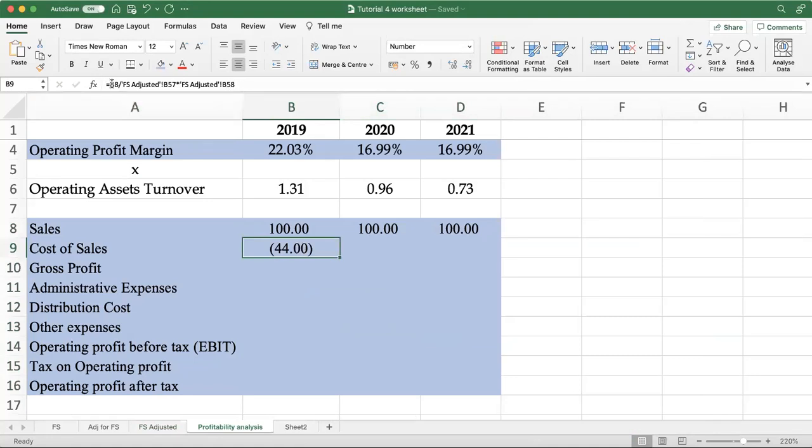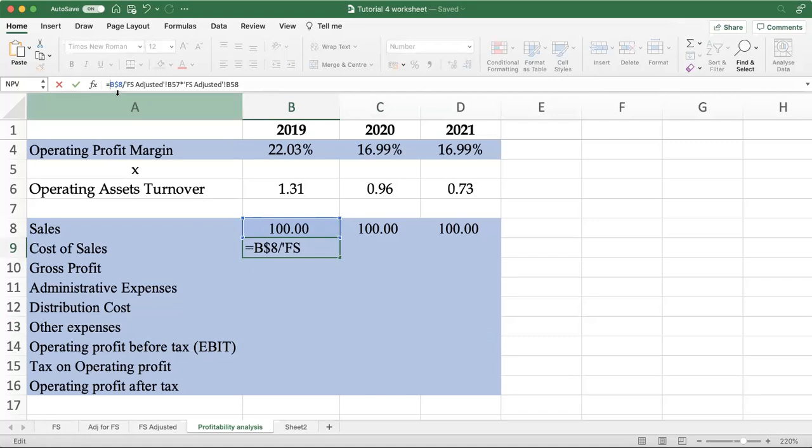Then what you do is you fix these, $100 and B8, so you fix the row number.